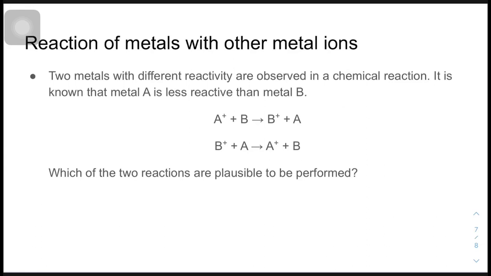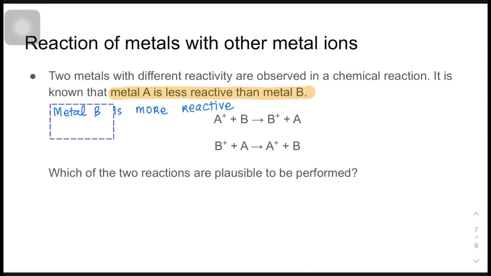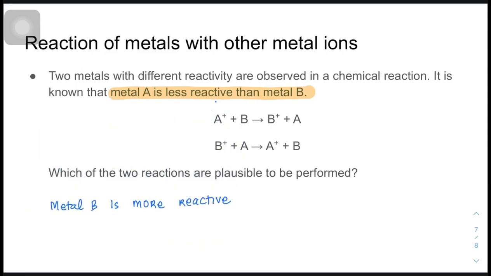Metal A is less reactive than metal B. We know that metal B is more reactive. And with that in mind, we can also say that metal B tends to form the metal ion.